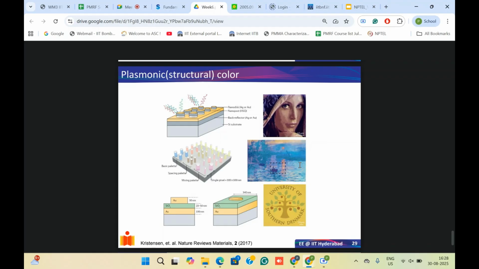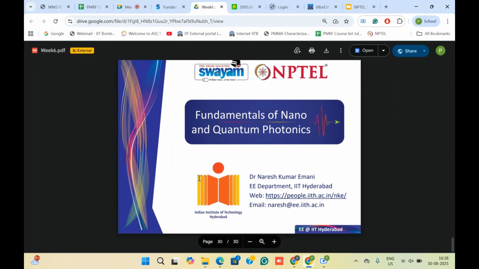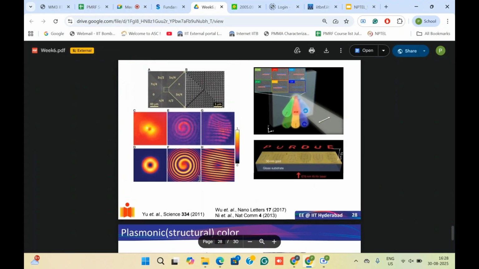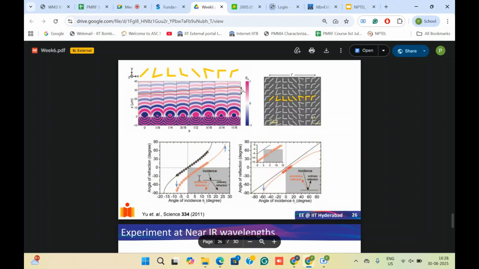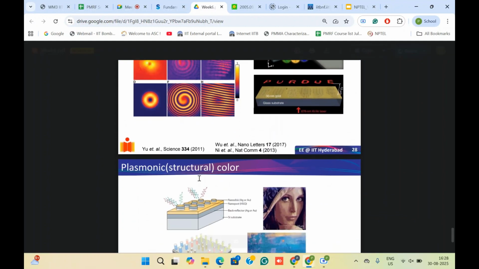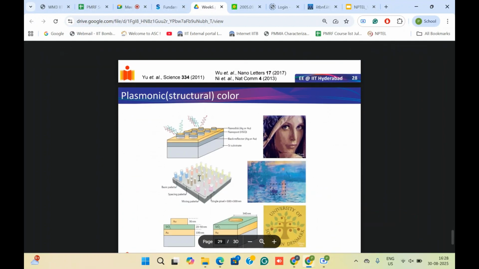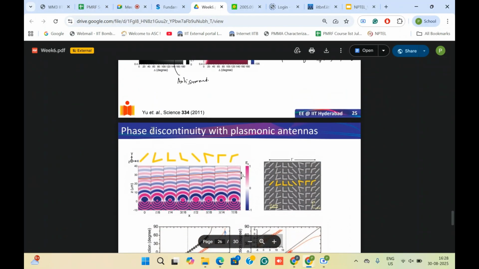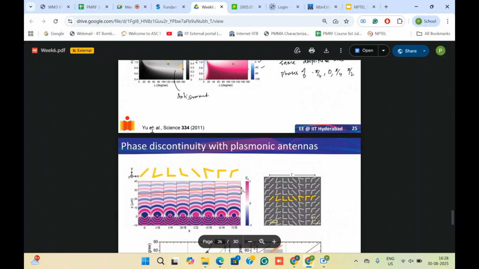Similarly, this painting is generating different colors. So this was all about the lectures. Now we will move on to the assignment.